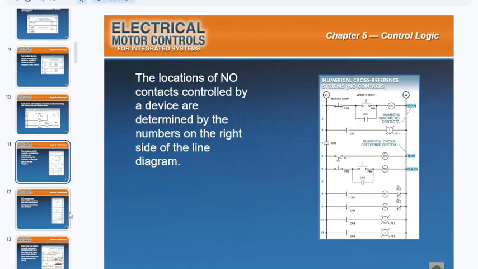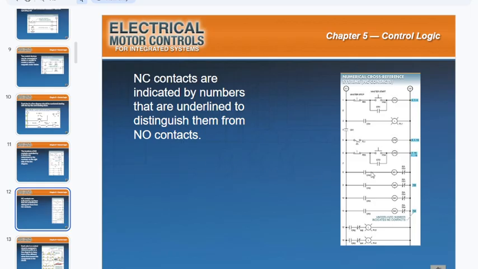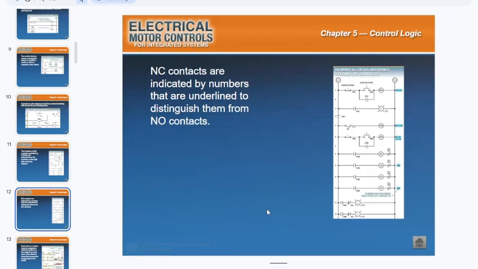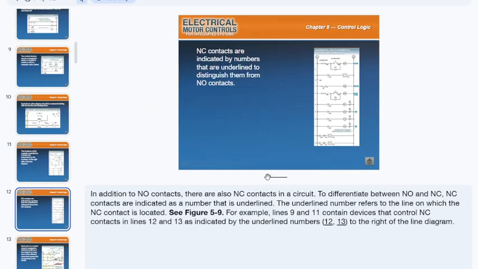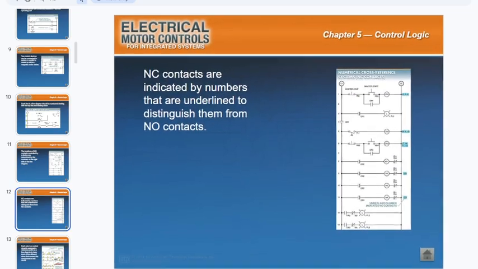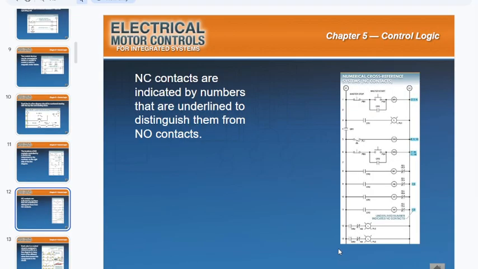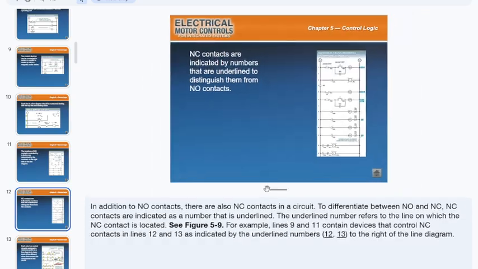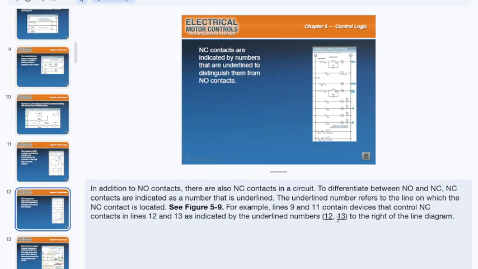Now, again, we're going to run through these fairly quickly because they're just extras. If you look at the next figure, 5-9, same as everything I just said, except we're talking normally closed contact, and now there's an underline under the number. All right, the normally closed contacts, and I'll use this down here just because it's a little bit bigger, has an underline.